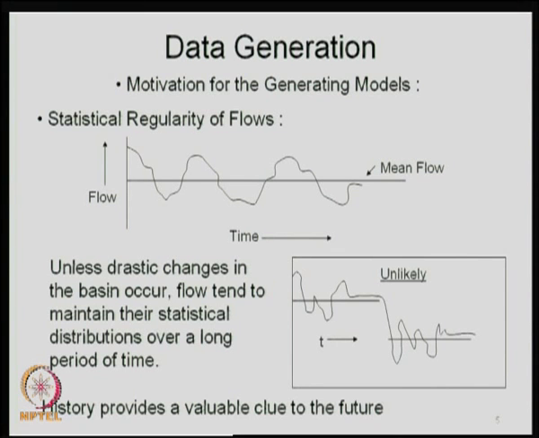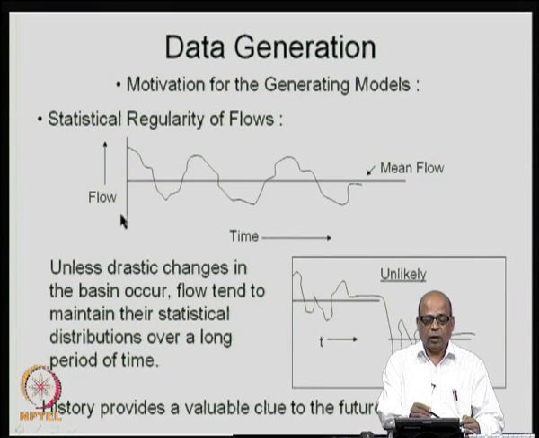The main principle behind the data generation as we use in hydrology is that there is a statistical regularity of the hydrologic processes. Unless there are major changes that occur, for example, if you look at the flows in a particular catchment, there is a statistical regularity of flows. If you look at the last 50 to 100 years, you may see certain statistical regularity of flows.